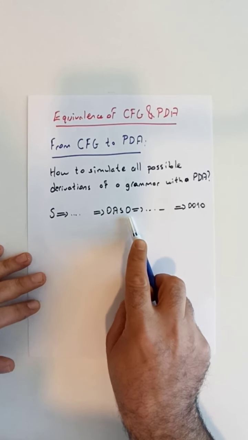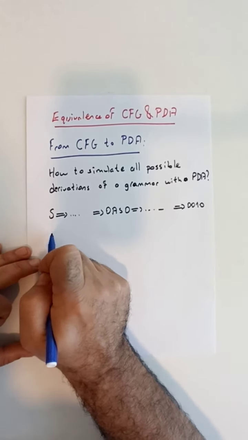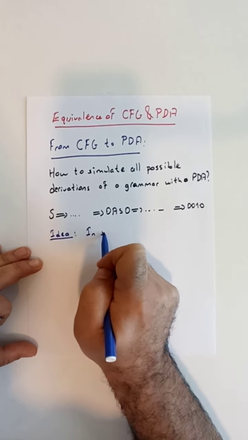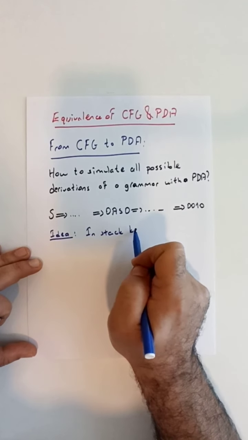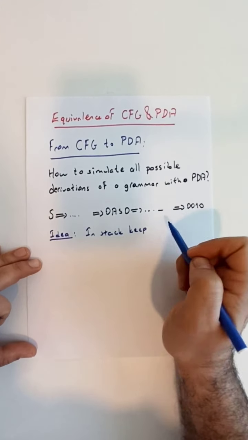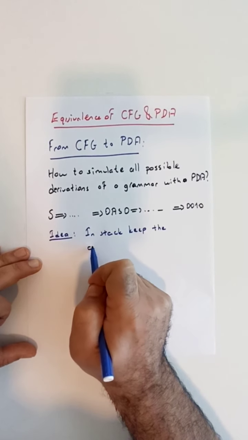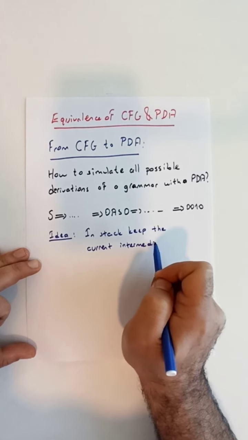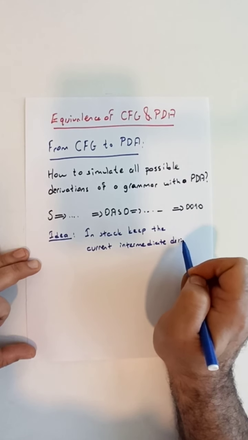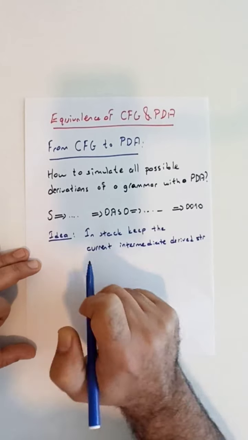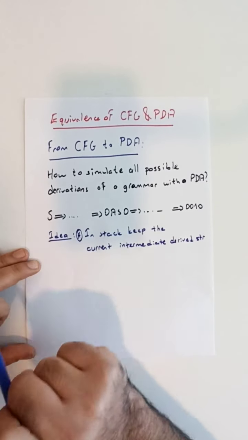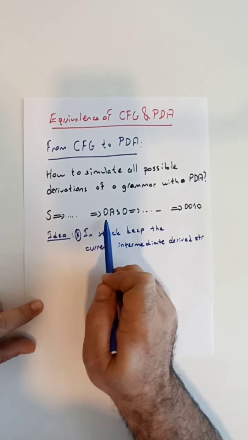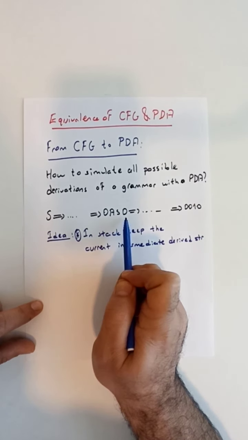So the idea is the following: in the stack, keep the current intermediate derived string. This is one part of the main idea. So we will basically keep such a string in our stack.